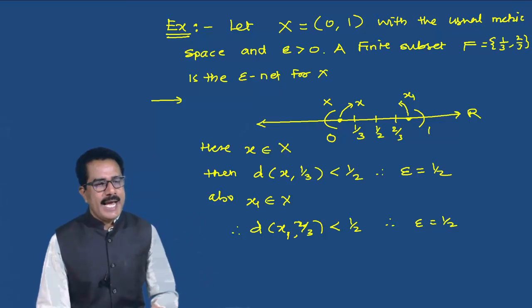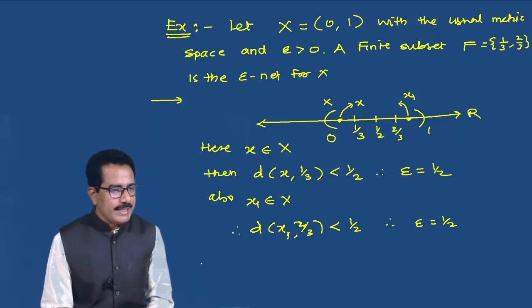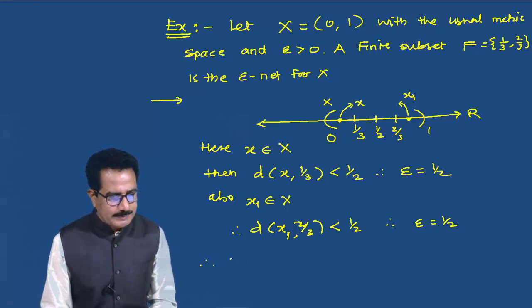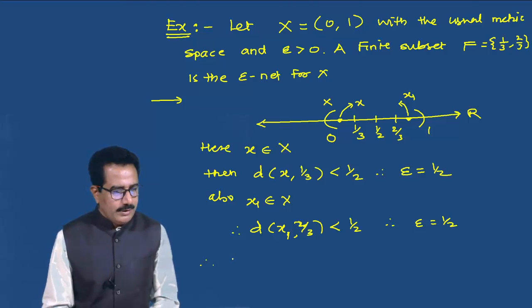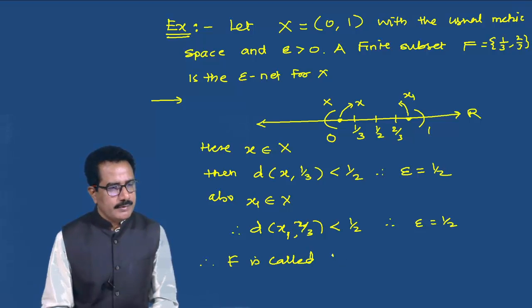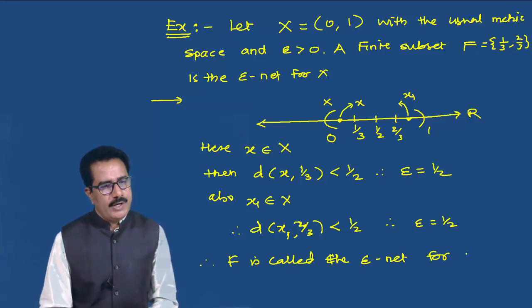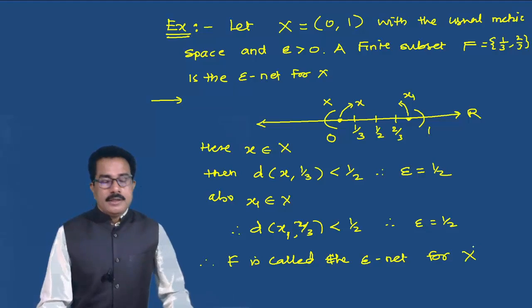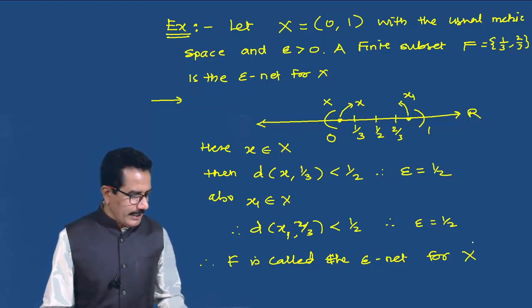So we can say that F is the epsilon net. So F is called the epsilon net for capital X. Did you understand, students? This is done, one example is done. We shall discuss another, third example.